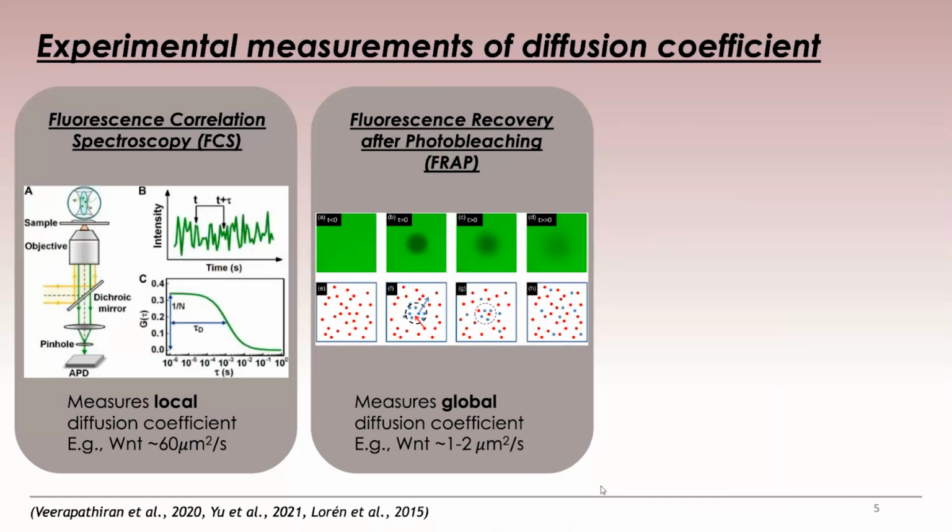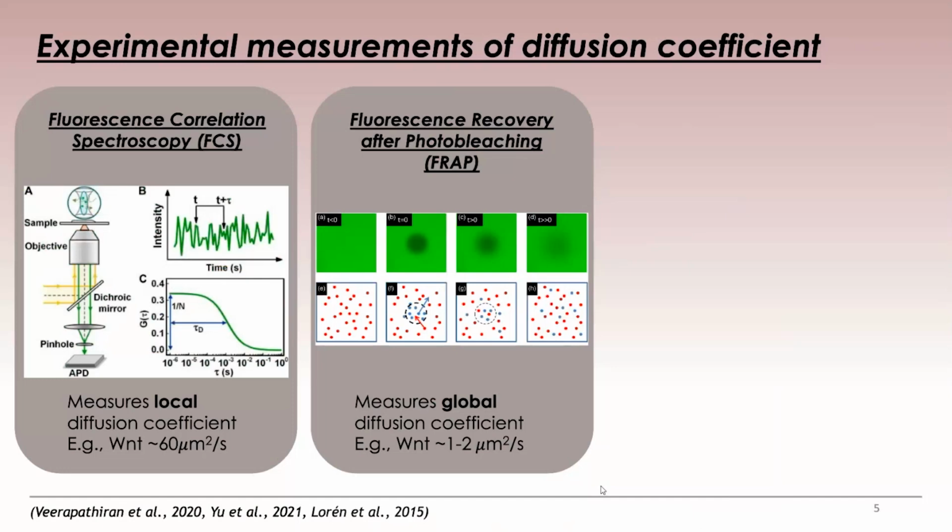The region that we focus on is really small, such that there are only a few particles diffusing in the region at a time. Whenever a particle enters the region, it is fluorescent and is detected using a photon detector, and you detect that for all the time steps, and you get an intensity time series. Then you can analyze this time series using a temporal autocorrelation function and infer your diffusion coefficient.